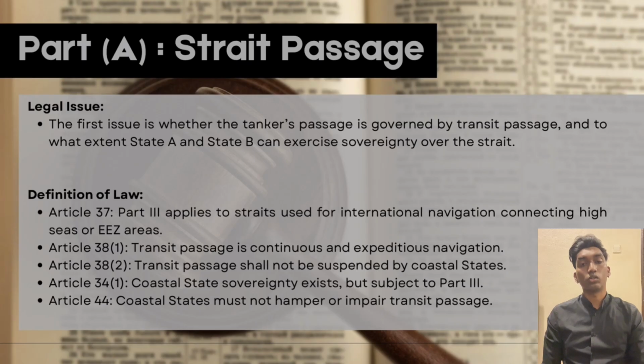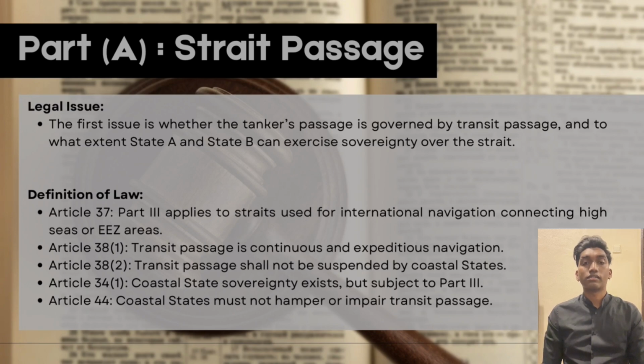Article 38 Clause 2 also states that transit passage cannot be suspended by coastal states, although Article 34 says the coastal states have sovereignty over the straits. This sovereignty is limited by UNCLOS Part 3. Therefore, coastal states must respect the right of transit passage.